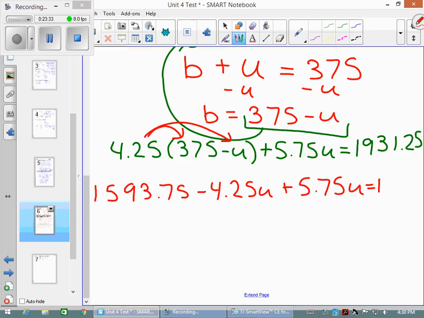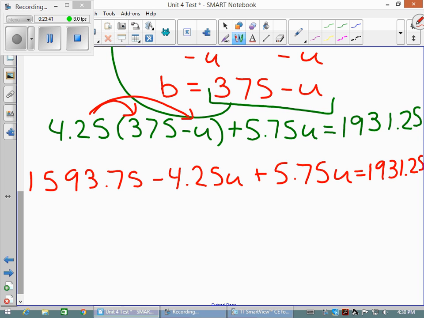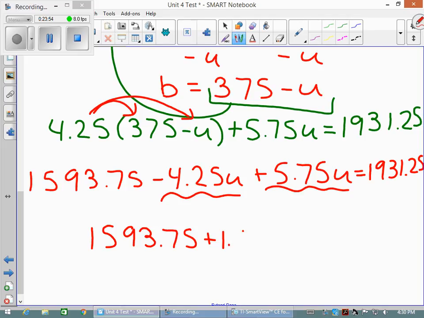From here, I now need to look and combine my like terms. So I have two terms with a U in it. So that is going to give me this same 1593.75 plus 1.5U equals that 1931.25. Now I need to solve.